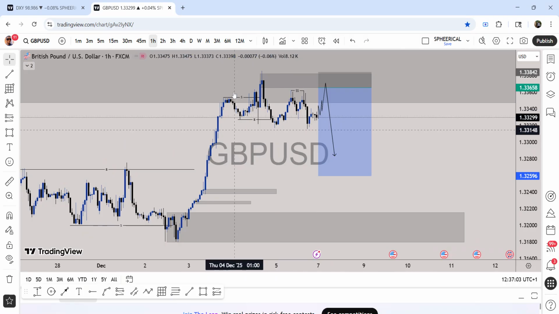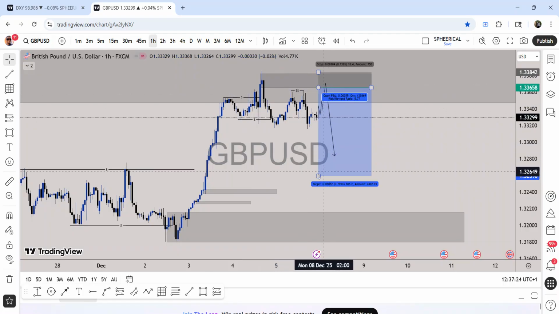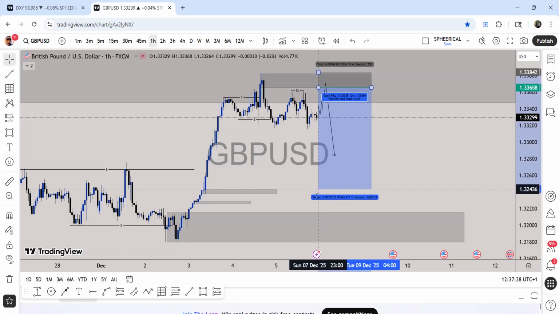It's actually exactly the same thing as in Euro USD. We have our sweep here. Then we have a break of structure. Then we have this zone. This demand zone has not been properly tested, and these are two equal highs. So the market will actually move up, touch on it, then from there it will sell. We'll be targeting down here.